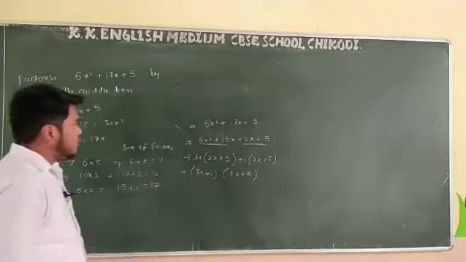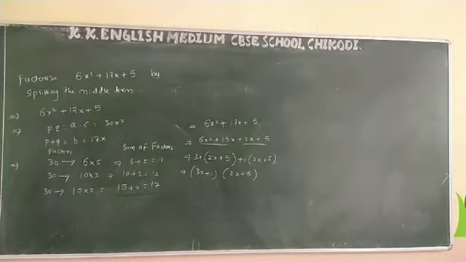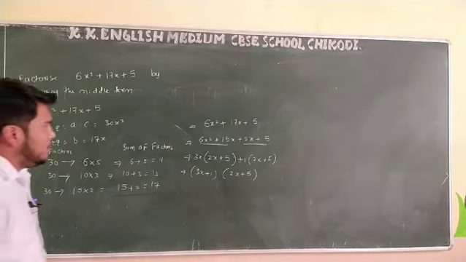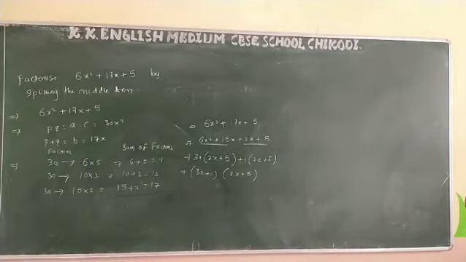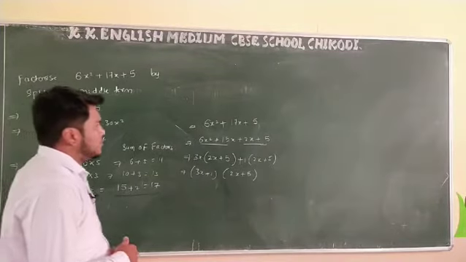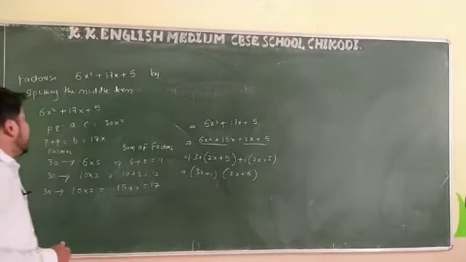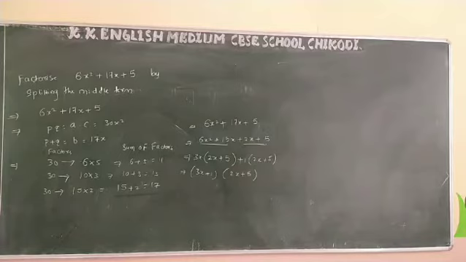So what are the factors of 6x² + 17x + 5? By splitting the middle term, we got the factors (3x + 1) as well as (2x + 5). This is how to factorize by splitting the middle term of 6x² + 17x + 5.